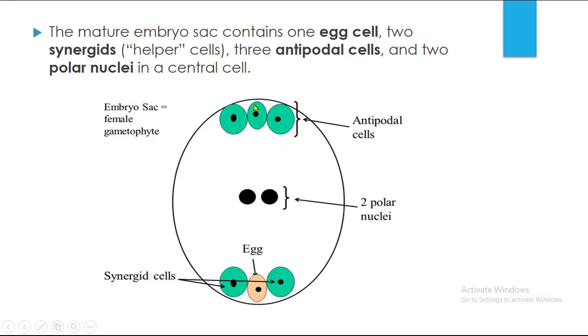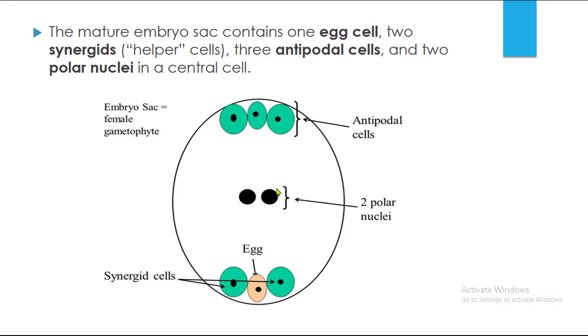Antipodal means they are present on the opposite pole, opposite to the egg cell. And there are 2 polar nuclei in a central cell, in the center within the same cell. So in total there are 8 cells.